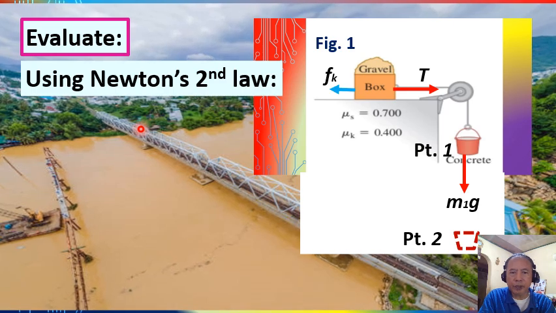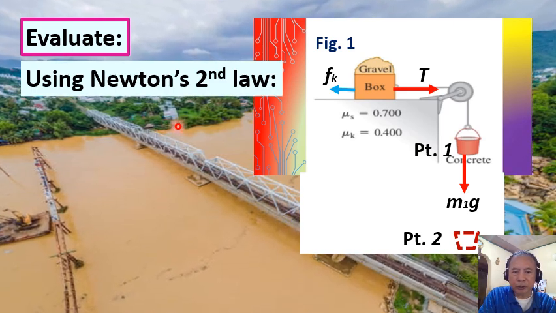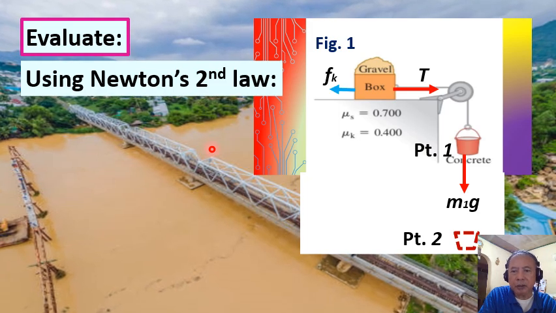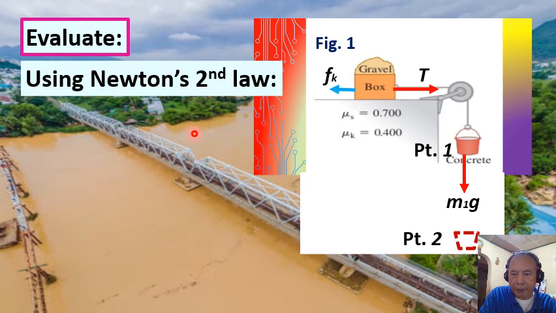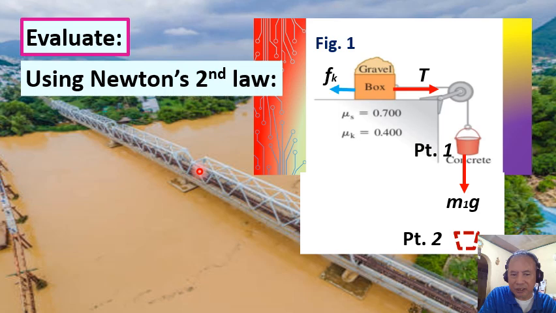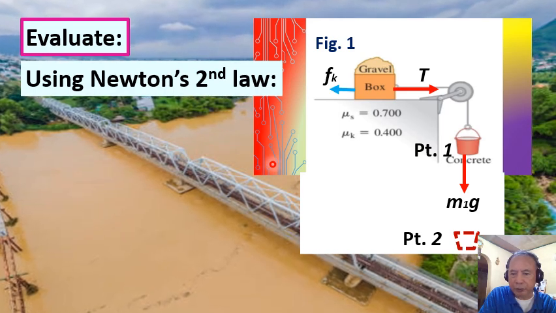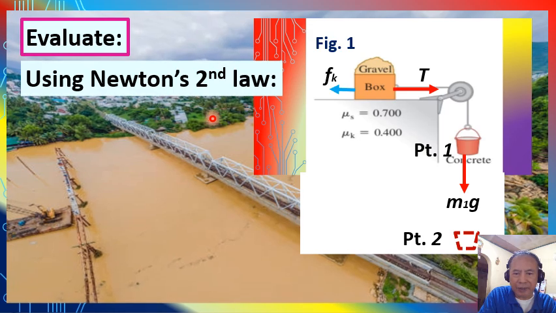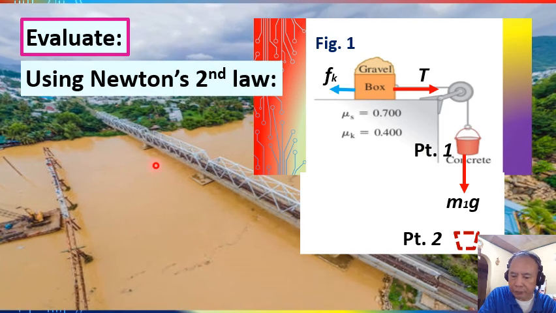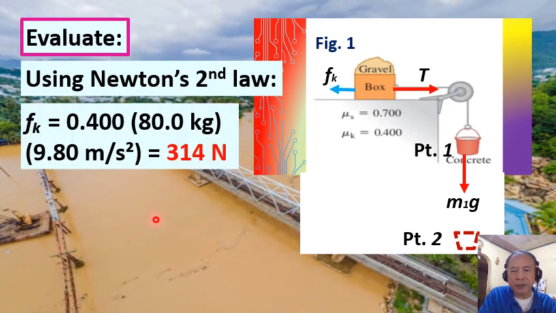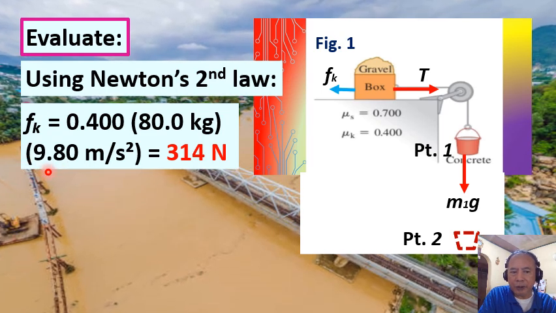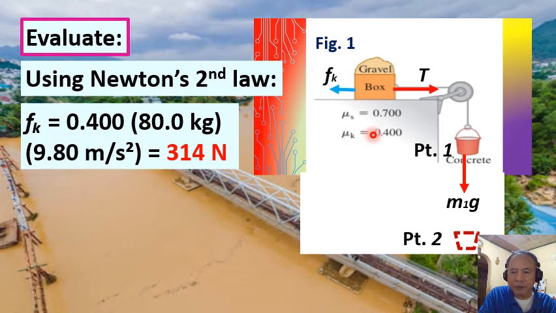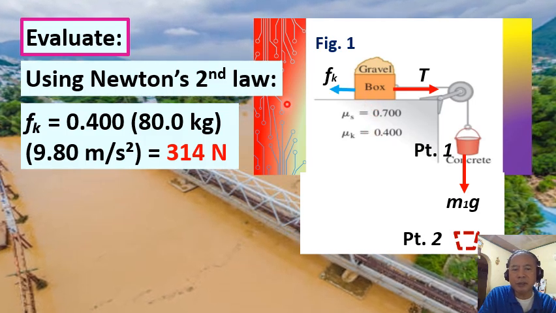As our way of checking the answer to question letter B, finding the speed of the bucket of concrete when it descends 2.00 meters from rest, we are applying Newton's second law of motion. But we first determine the value of the kinetic friction that is exerted by the surface of the roof on the box.